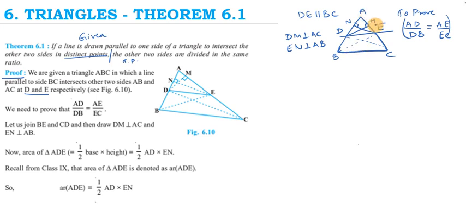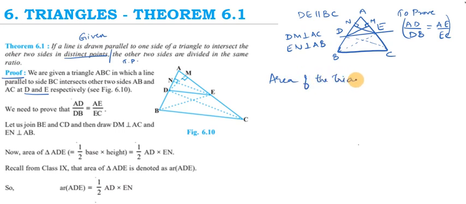Now this is the triangle. We have to find out if the line intersects the other two sides in the same ratio. For this we are considering the area of the triangle. What is the area of the triangle?